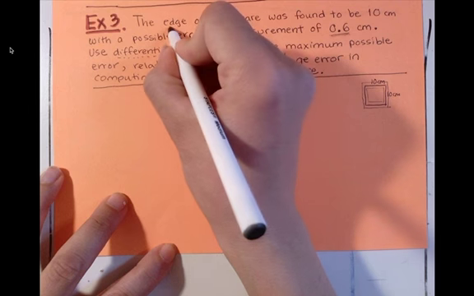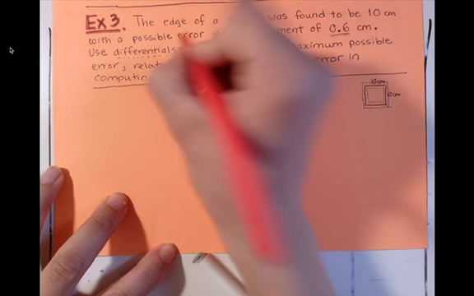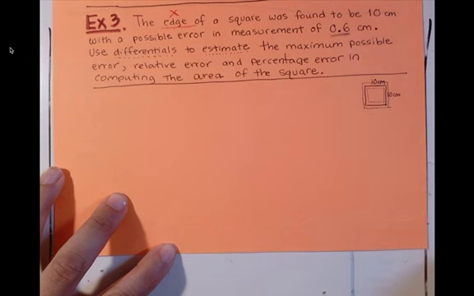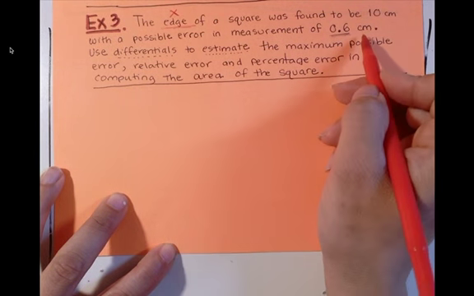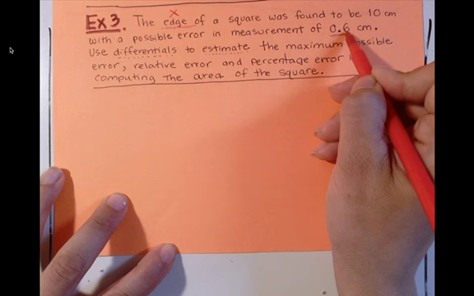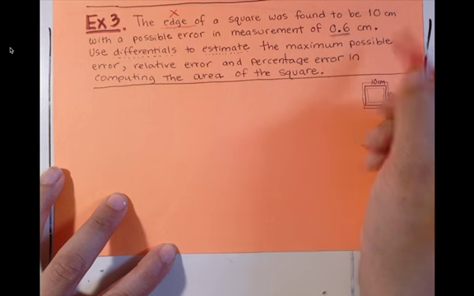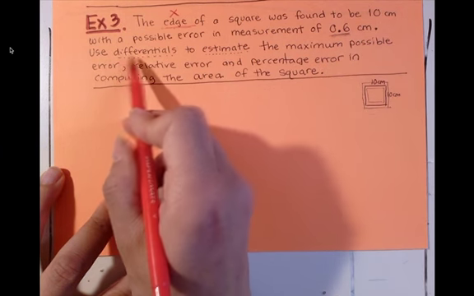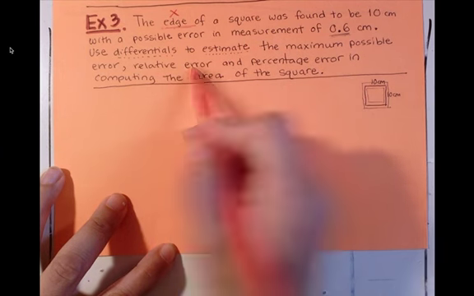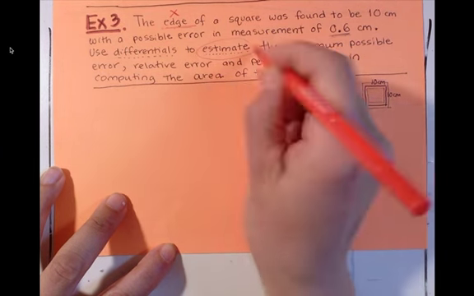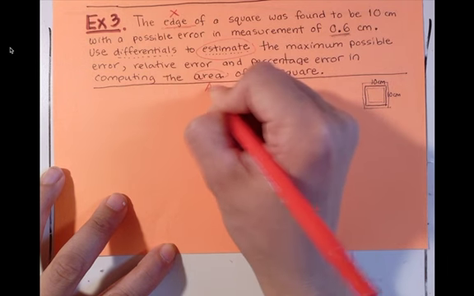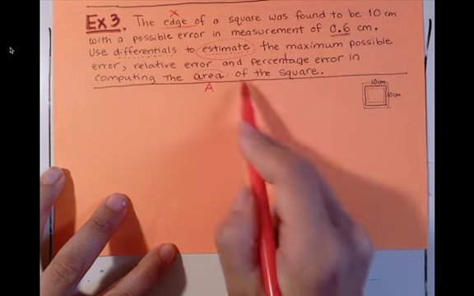I'm going to let x represent the length of an edge, and so here x could be off by plus or minus 0.6. Let's continue reading. Use differentials to estimate the maximum possible error, relative error, and percentage error. So these are all estimates in computing the area. I'm going to use A for area as a natural variable for the square.